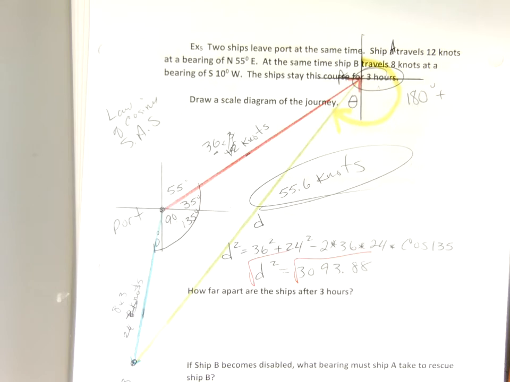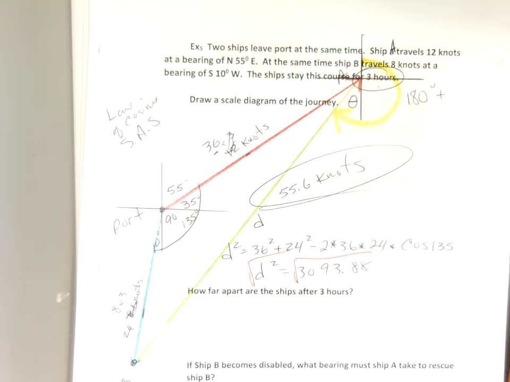Okay? Start to see what I'm going to do? Ah, okay. Now this is 55, right? And we can get this from the law of sines.